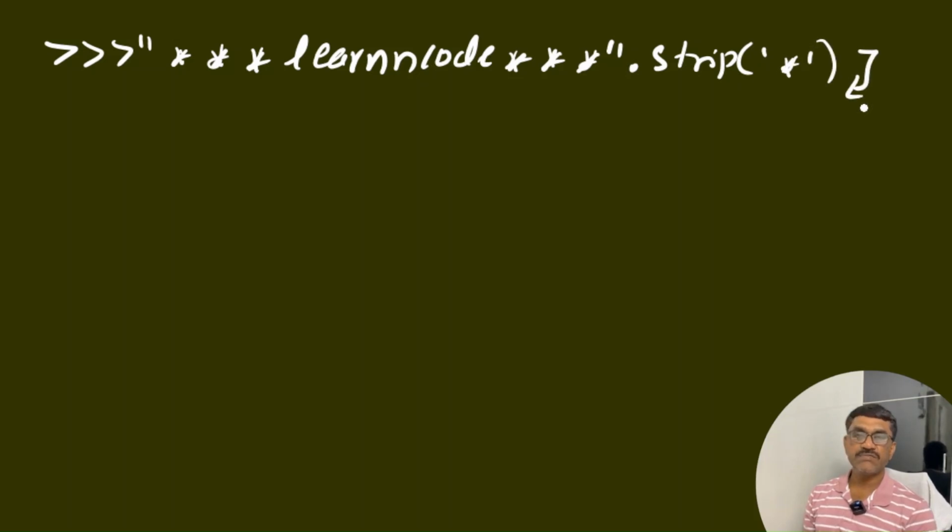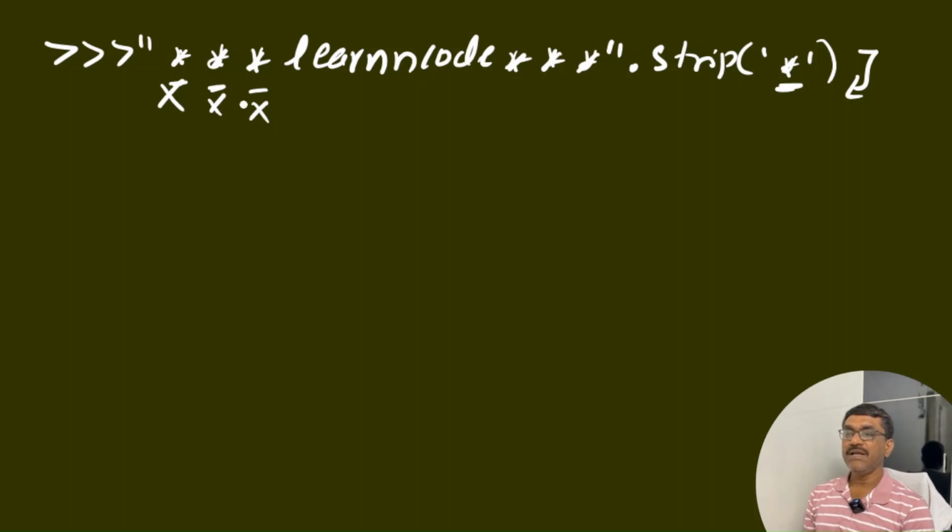Once you press enter, what happens? First, it is going to compare this star from the starting position. Is there a match? Yes. When there is a match, this star will be removed. Next, it is going to check the second character. Again, there is a match. It is removed. Next, the third character. This is also removed.